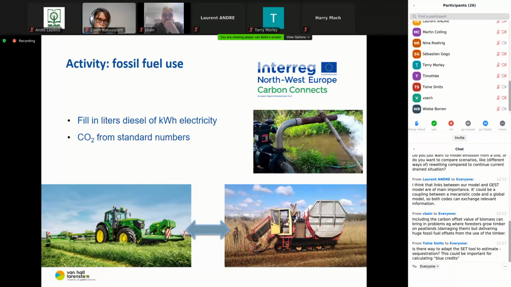So, for instance, if you go from a standard agricultural field with, as you can see on the left, grass being mown, the tractor used for this will consume diesel. But once you change this into a paludiculture, you will still be needing machinery and a substantial source of energy usage. So we take this into account as well.